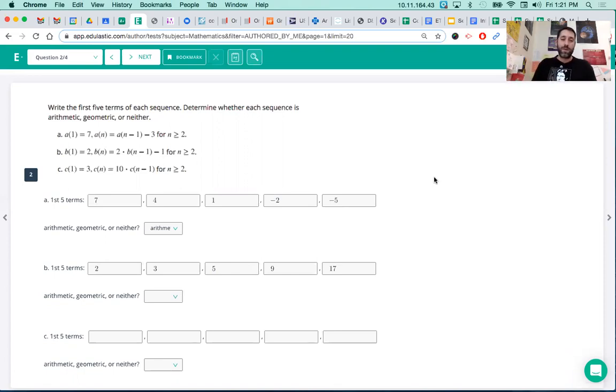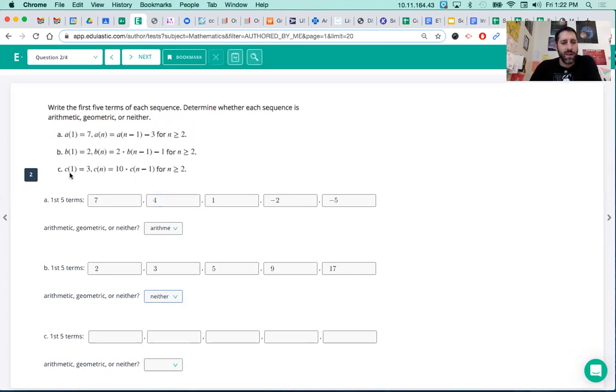There are examples of sequences that can be both, like we had the sequence 1, 1, 1, 1, 1, 1, 1. Well, we added 0 each time, or we multiplied times 1. It wasn't that we added 0 and multiplied times 1. It wasn't a combination of the two. All right. So in this case, this is a neither. It's not arithmetic or geometric.